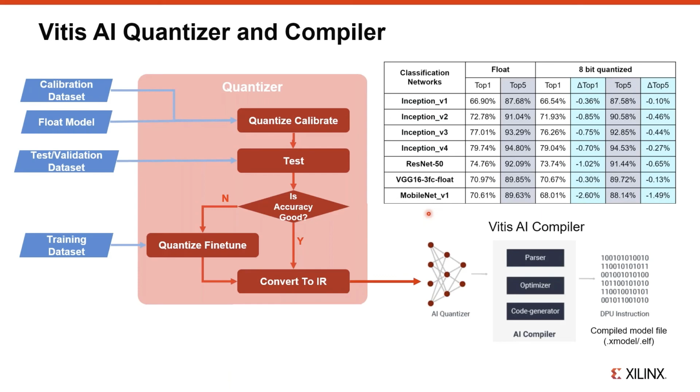Then there are the two mandatory steps. Pruning is always an optional step. The two mandatory steps are the quantizing and the compiling. The quantizing uses a calibration data set to establish the dynamic range. Now, the calibration data set is not something special that you have to invent. It is nothing other than some random samples from your original training set.